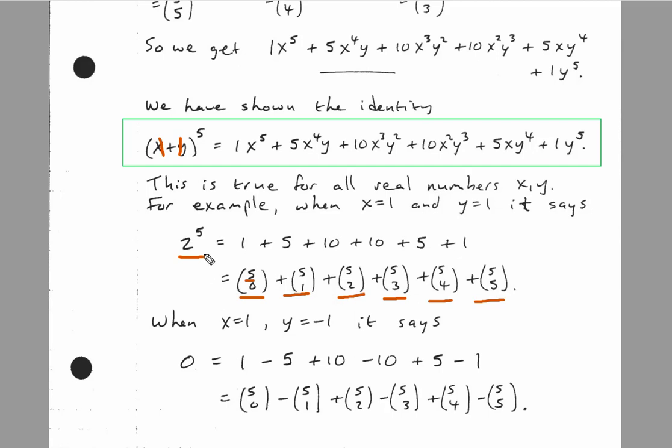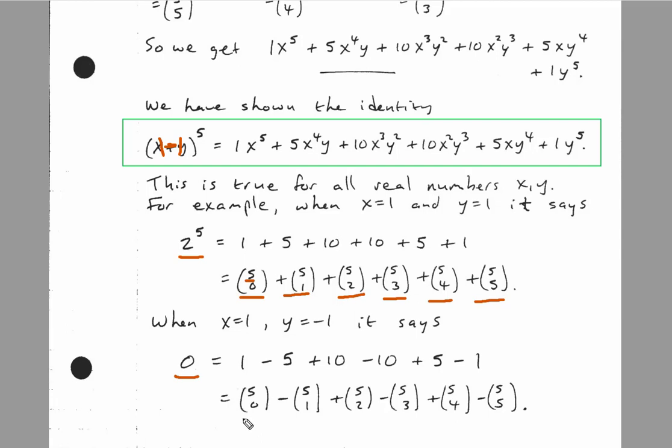Another case, if x is 1 and y is negative 1, so make a minus here. So 1 minus 1, that's 0. 0 to the power of 5, still 0. So now we have an alternating sum. The powers of x are still 1, but the powers of y alternate. So odd powers are negative, even powers are positive.